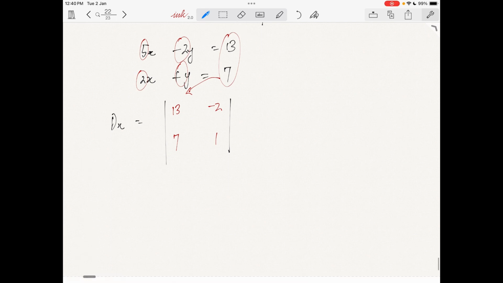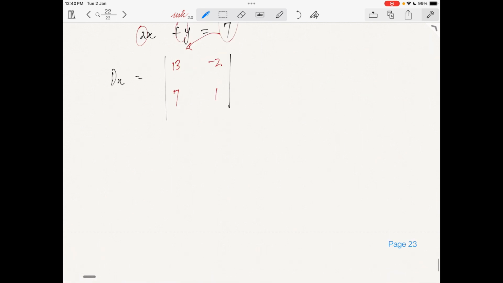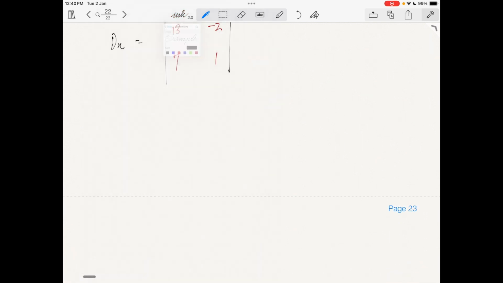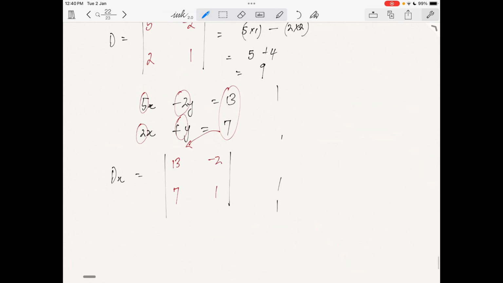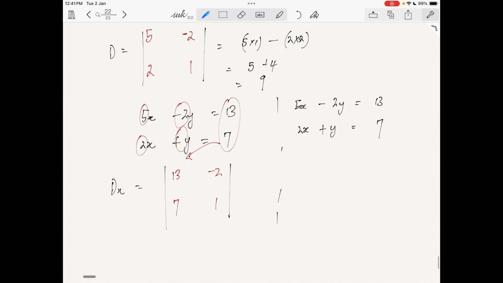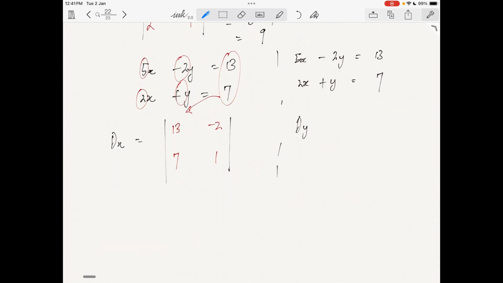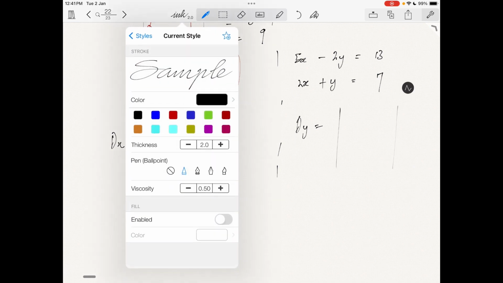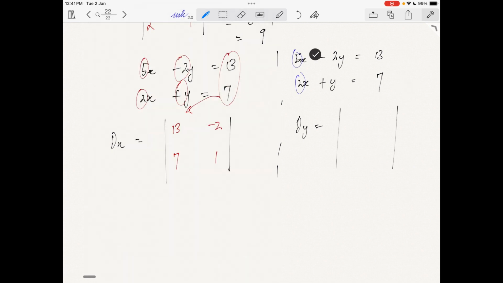And if you look at dy, let's write dy here. Let's say 5x minus 2y is equal to 13, 2x plus y is equal to 7. In the case of dy, remember we started writing the coefficients as 5, 2, minus 2, 1.